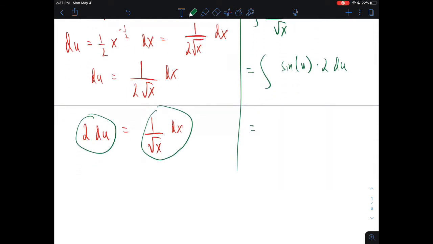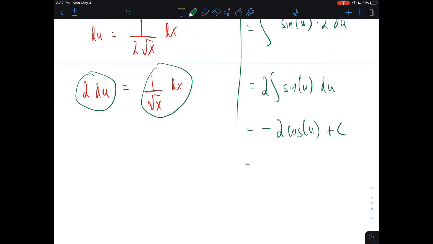So I just have 2 times the integral of sine of u du. And now I use antiderivatives. The antiderivative of a positive sine of u is a negative cosine of u. And then I need my constant of integration. And then finally at the end, I just need to plug back in what we said u was. So this becomes negative 2 cosine of the square root of x plus c.